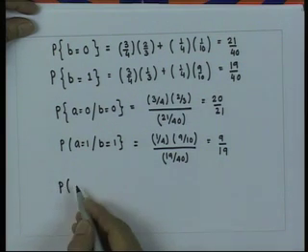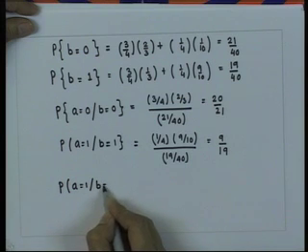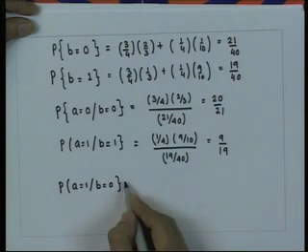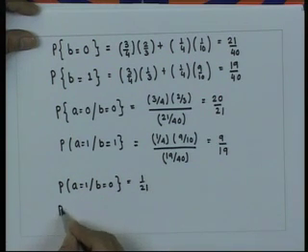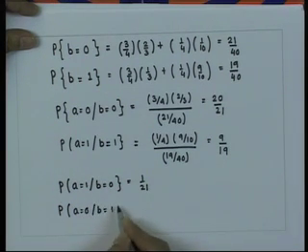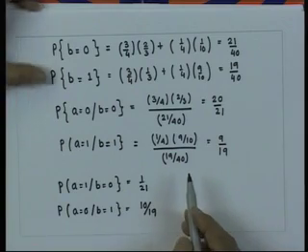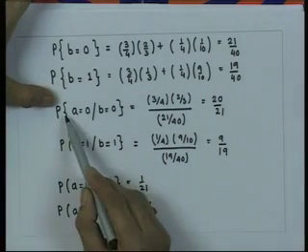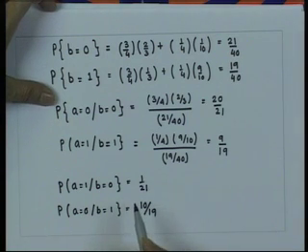So, probability of A equal to 1 given B equal to 0 is equal to 1 by 21, and probability of A equal to 0 given B equal to 1 is equal to 10 by 19. It is to be noted that this plus this is equal to 1, again this plus this is equal to 1.